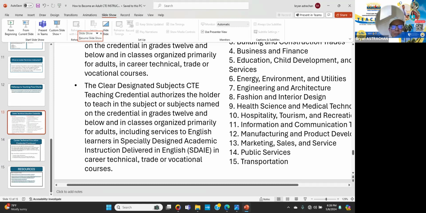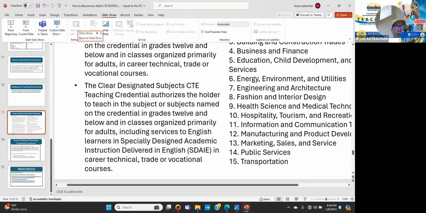few minutes we have. Commonly called CTE, which is specifically designed academic instruction delivered in English. And that is going to be a requirement that's going to be built into your credential program.